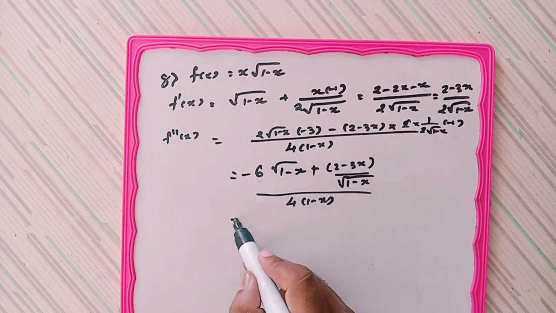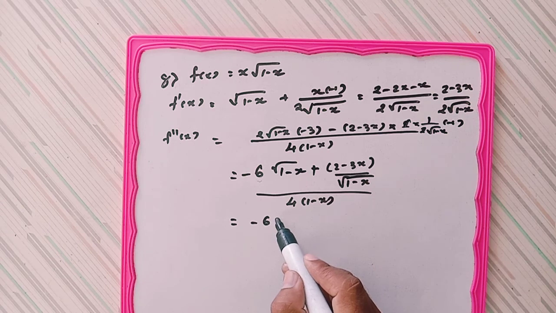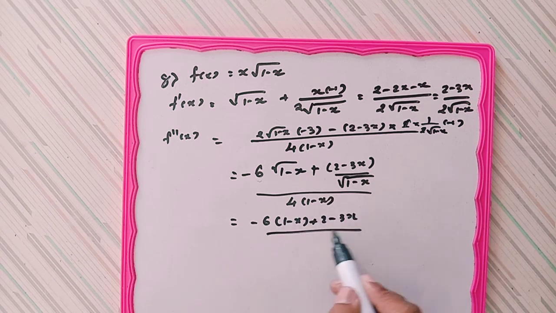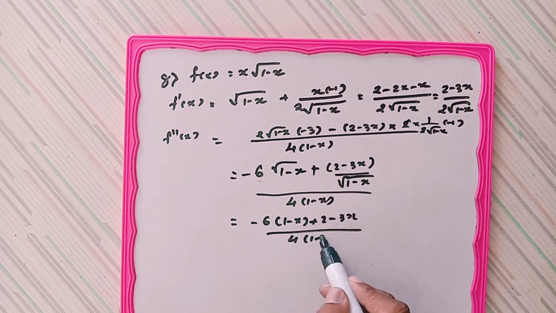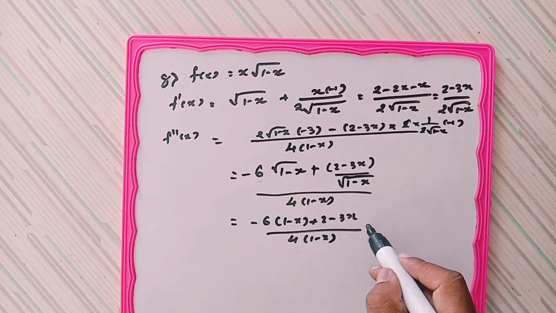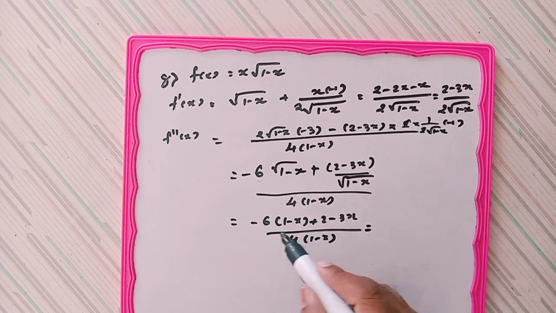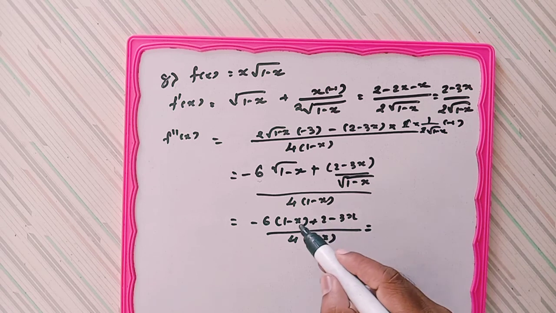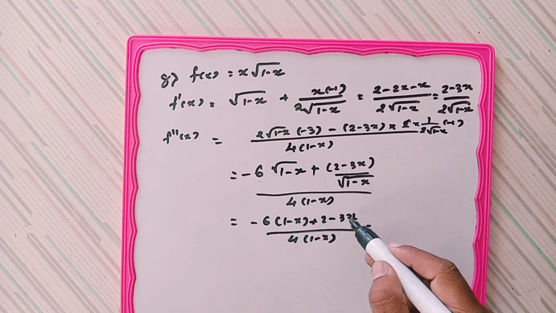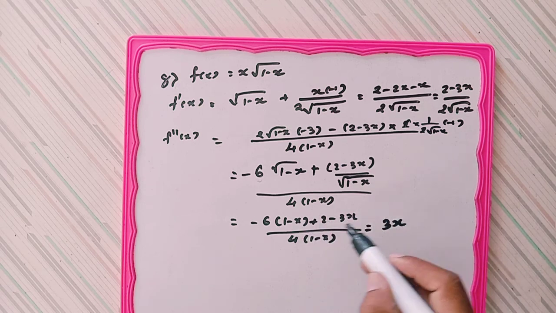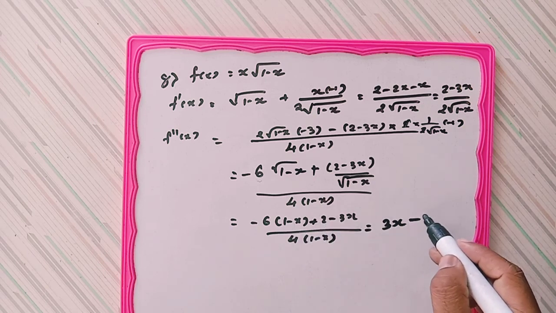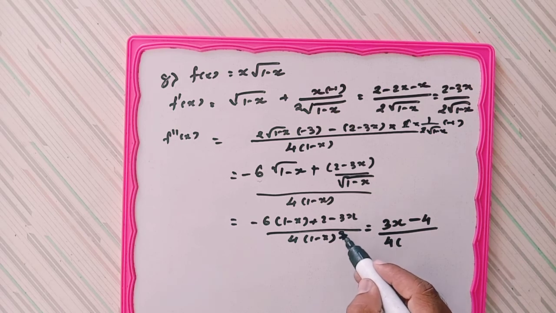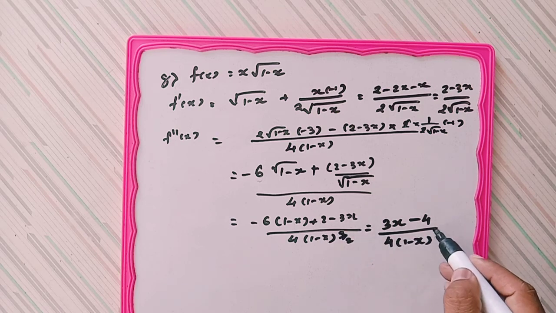So we take the LCM, then minus 6 into 1 minus x plus 2 minus 3x upon 4 into 1 minus x, which will be minus 6 plus 6x, so minus 6 plus 2 and 6x minus 3x, so 6x minus 3x will be 3x, and here minus 6 plus 2 will be minus 4 upon 4, here 3 by 2 power, so 1 minus x is to 3 by 2.